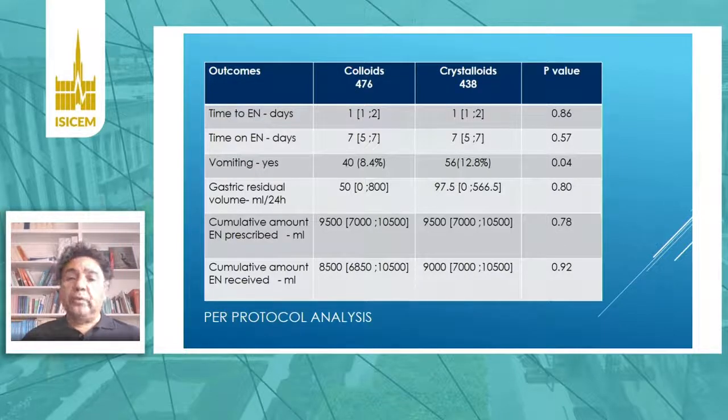However, there were significantly more patients who had vomiting and gastrointestinal dysfunction in the crystalloid treated group as compared to the colloid group. Here again, this did not result in impairment in caloric intake between the two treatment arms.